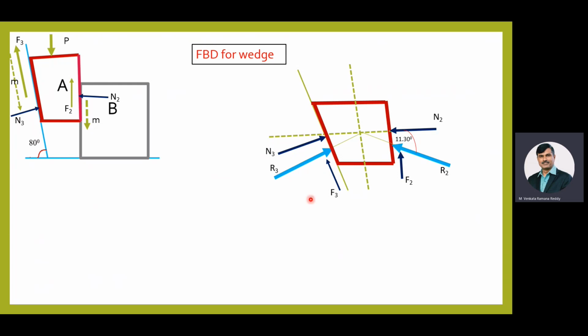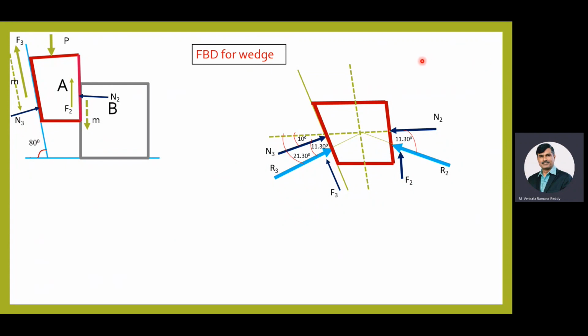Then the resultant force R3's inclination with the horizontal is equal to summation of the angle of friction as well as angle of the wedge, which is equal to 10 plus 11.30 degrees, which is equal to 21.30 degrees. With this, we completed drawing reactive forces acting on the wedge.